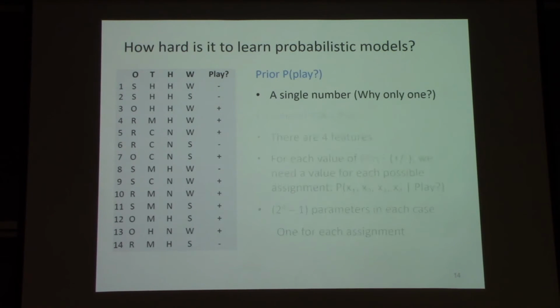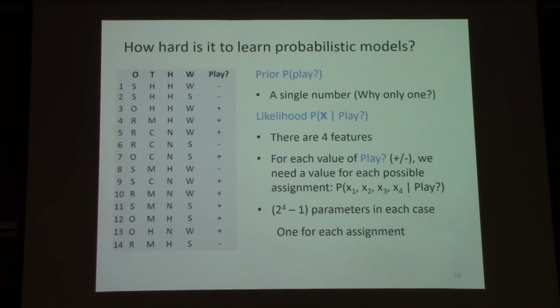So that's easy. For the likelihood, there are 4 features here, and each feature takes multiple values. This one takes 3 values, H, M and C. This one takes 2 and this one takes 2.